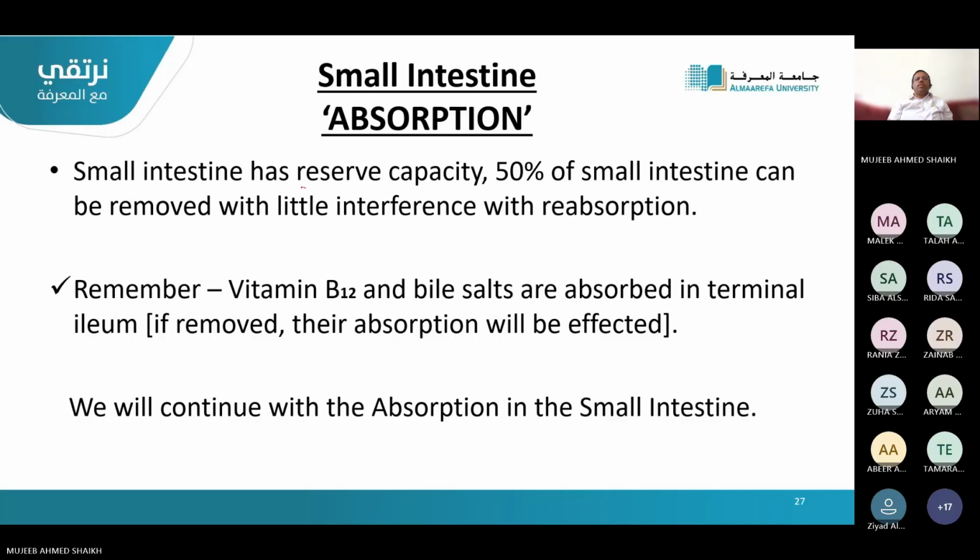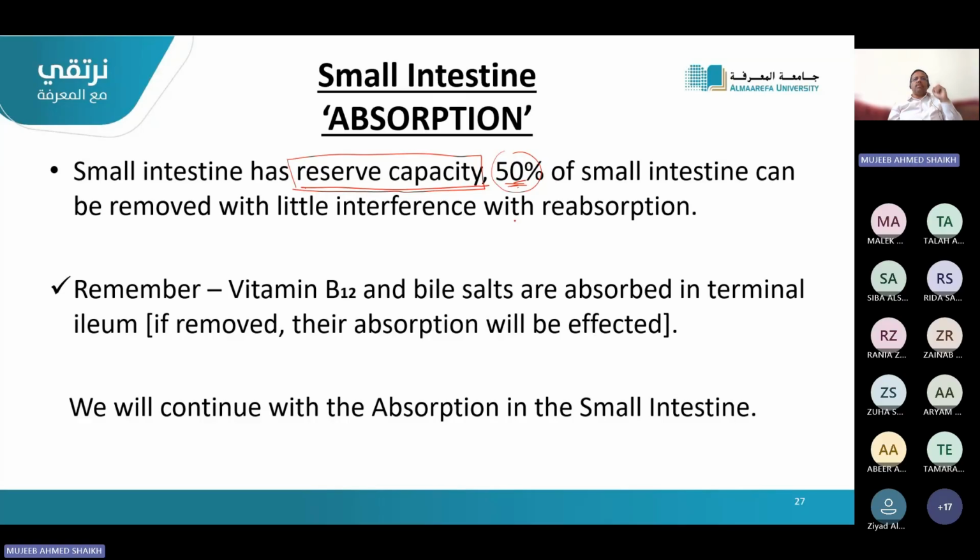That means it has a big capacity which is not used for absorption. Only 50% of the small intestine is useful, whereas 50% is kept as reserve, to be used in case of emergency. So if there is a severe problem, tumor, constriction, or infection in the small intestine, then half of the small intestine can be removed easily without any interference in the absorption.